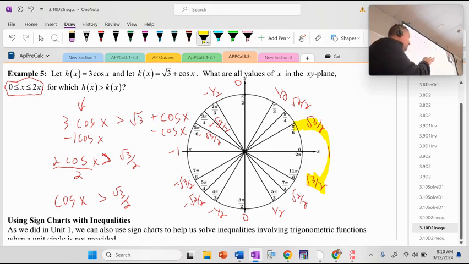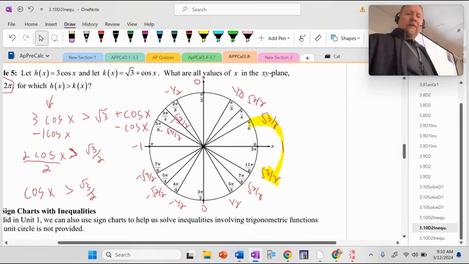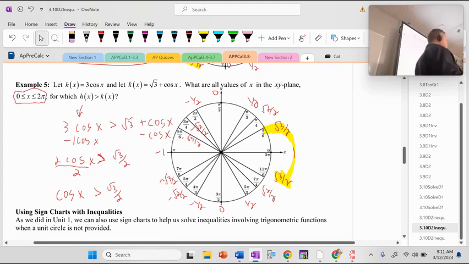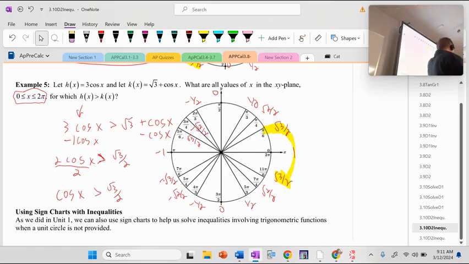And then, is that it? Yeah, that is it. Here's what's annoying about this. The directions say just from 0 to 2 pi. I know what you might want to do, which is a more direct answer: negative pi over 6 to pi over 6, right? That's in number line order, but negative pi over 6 is not in this interval. So I have to split these up.